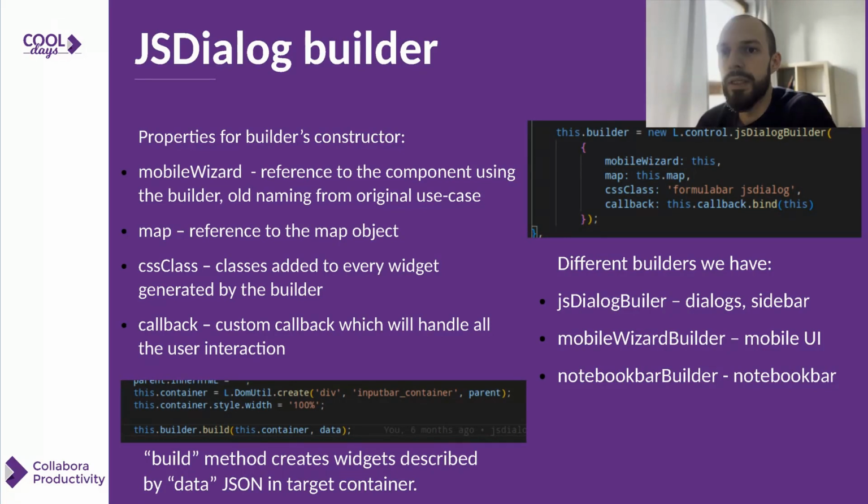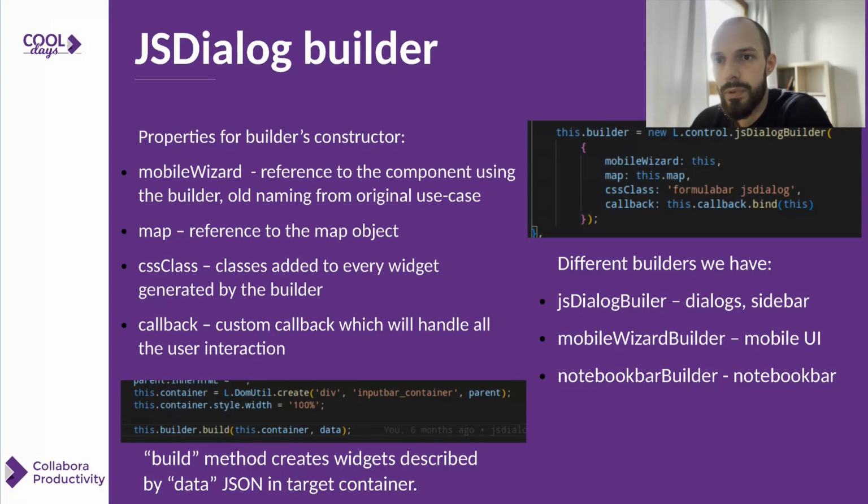Inside this file, we should also create a new builder. JSDialog builder has many variants, like the standard JSDialog builder for dialogs and sidebar, and also we have the notebook bar builder for the notebook bar and the mobile wizard builder for mobile UI.